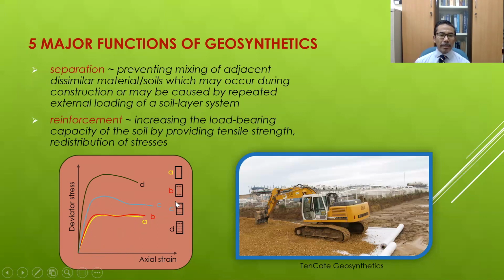However, for sample C, with the additional reinforcement in the middle here, as the stress is increased, the axial strain also increases. After a certain point where it reaches the yield stress, the strain will continue to increase with a reduction in deviator stress or compressive stress.